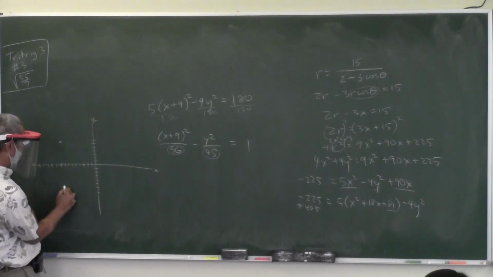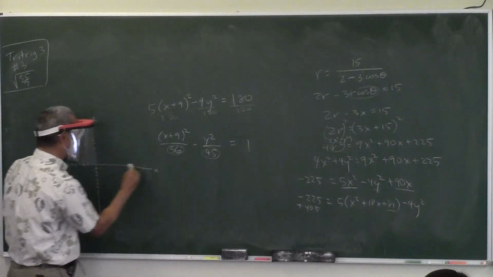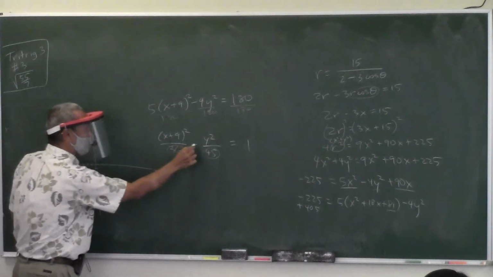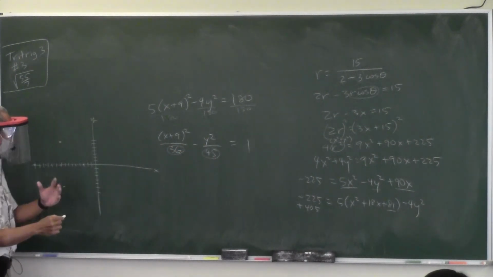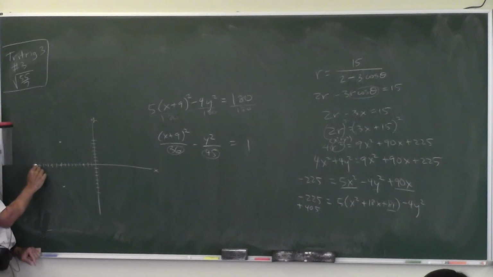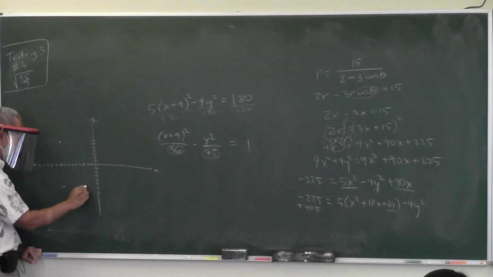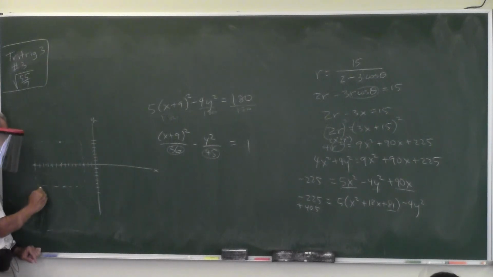Now, if this was a plus sign, then you just make an ellipse out of it, right? But since it's minus, it's a hyperbola. So you remember what you did last year with these points? You make a rectangular box.